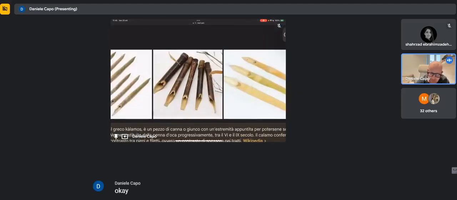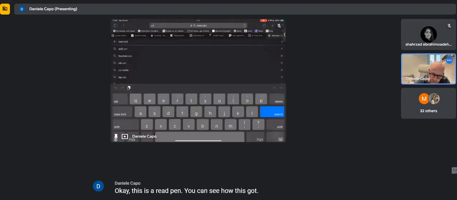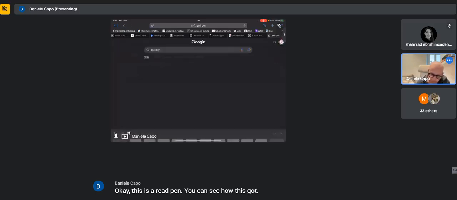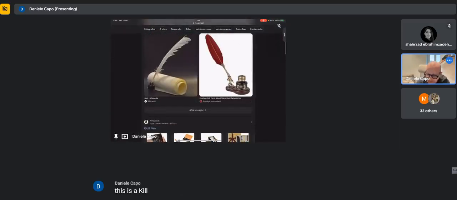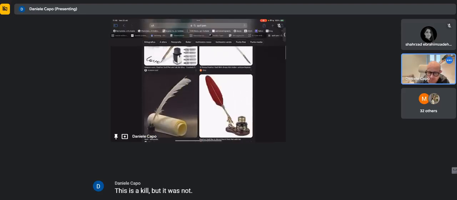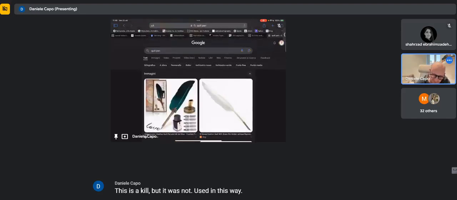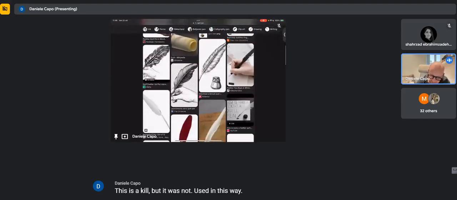Okay, this is a reed pen. You can see how it is cut. This is a keel, but it was not used in this way. Let's see.